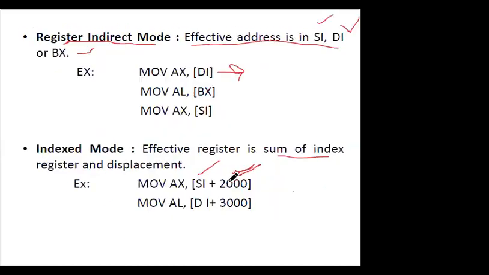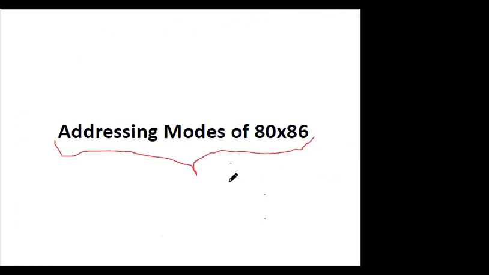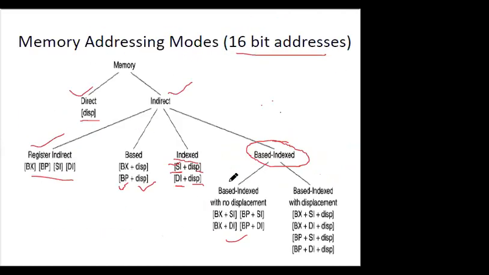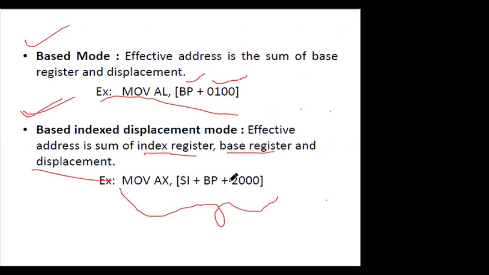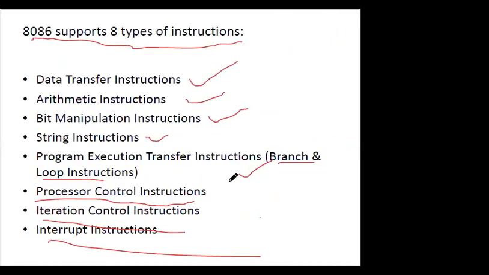So this was the last part of your module number 4. This completes the addressing modes of 8086 and the instruction set of 8086. As this is to be emphasized again and again, you must go through the manual and study these instruction types in detail.